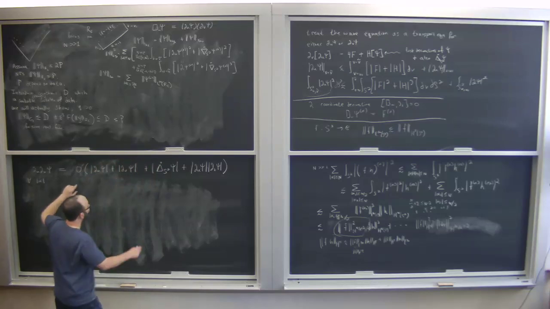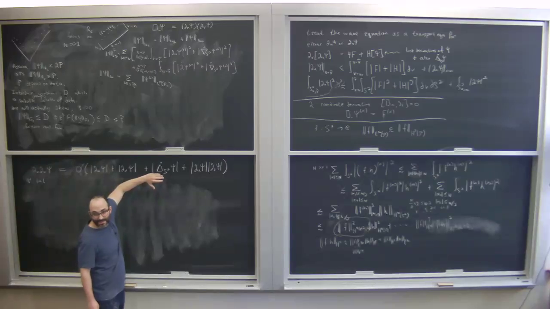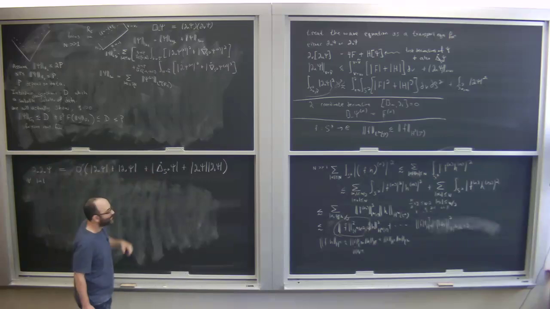So the maximum amount that it would be reasonable to commute this with would be n minus one, right?